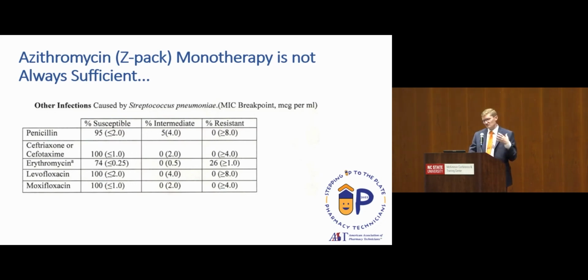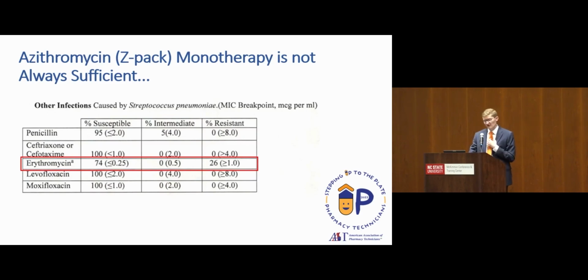Remember I said Streptococcus pneumoniae is going to be our most common bacteria that causes bacterial pneumonia. This antibiogram for our region, from a few years ago, shows that 26% of the time, erythromycin, which is similar to azithromycin or Z-Pak, was resistant to strep pneumoniae.